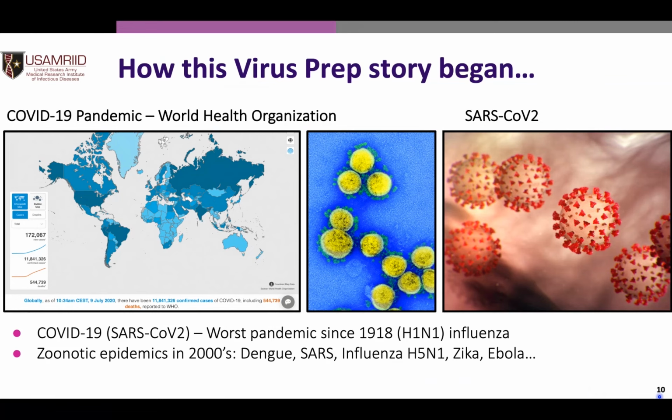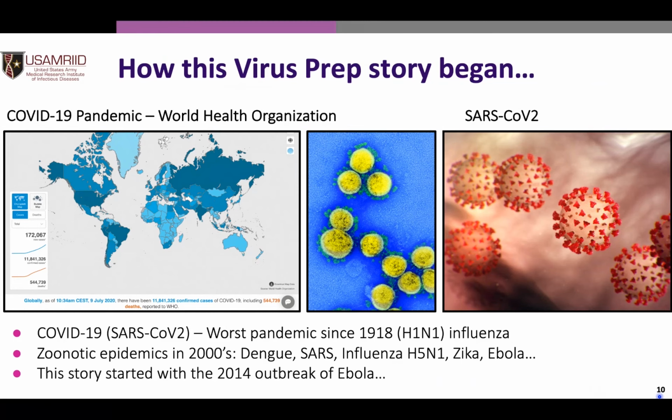Unfortunately, zoonotic epidemics like SARS-CoV-2 are not all that unusual. In the last 2 decades, we've seen epidemics from dengue, another SARS, and influenza H5N1, Zika, Ebola, to name just a few, unfortunately relatively smaller epidemics that did not become pandemics.